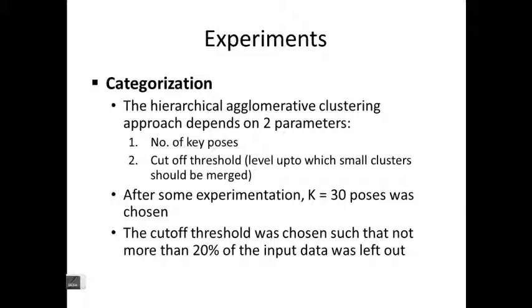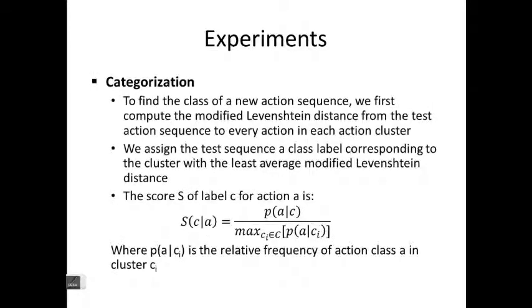After some experimentation, they found that using 30 key poses was the best. They also found that the cutoff threshold was best chosen such that no more than 20% of the input data was left out during categorization.